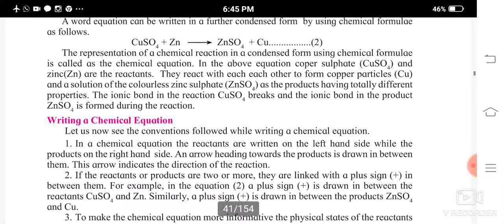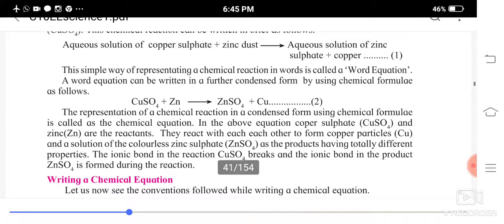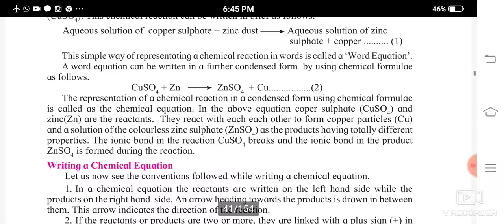This representation of a chemical reaction is a condensed form. You saw above that it was in a detailed, long form written in words. Now this has become short.